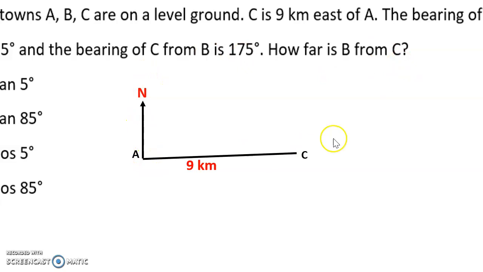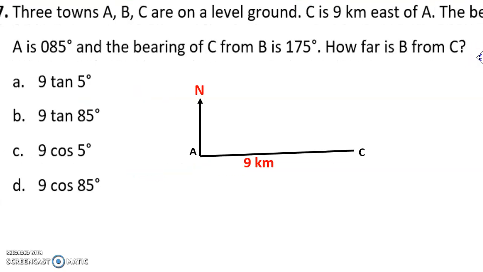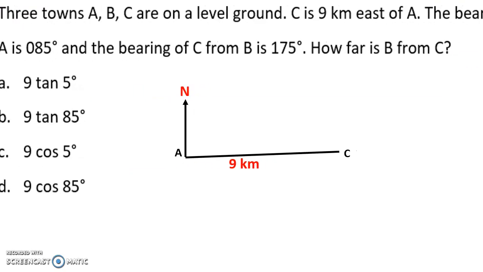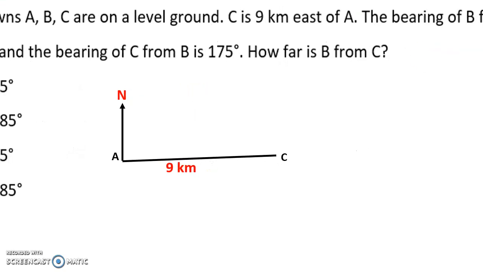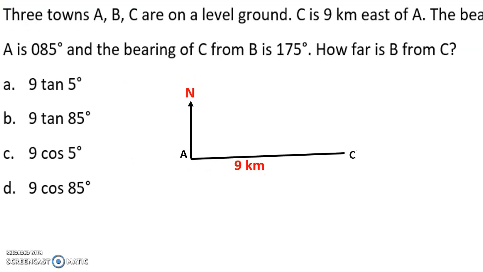After we have drawn our first line, the important thing to do is to put in your north line. Alright, so we're at A, and the next part of the question says the bearing of B from A. If they say the bearing of B from A, it means the angle they're talking about is at A, because that's where the from is.